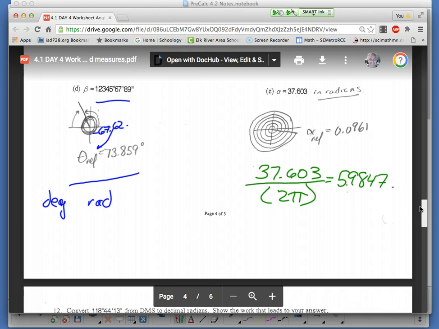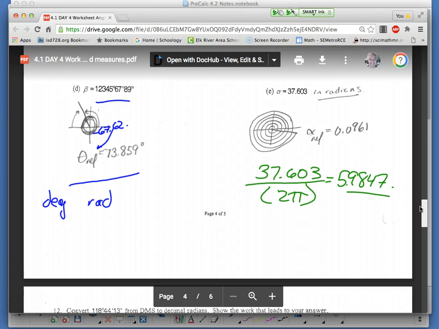I'm going to take off the 5, so I have 0.9847 in my calculator. And I'm going to multiply by 2 pi, because that's the revolution I divided by, so I'm going to multiply back by 2 pi.